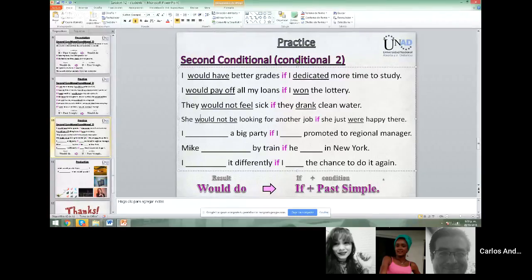So this is a would plus a continuous tense, okay? Plus a present participle verb. Es como la suma de un modal con un tiempo progresivo. Okay, so you can use that. She would not be looking for another job if she just were happy at her current job. Very good. Emma, let's go on with you.